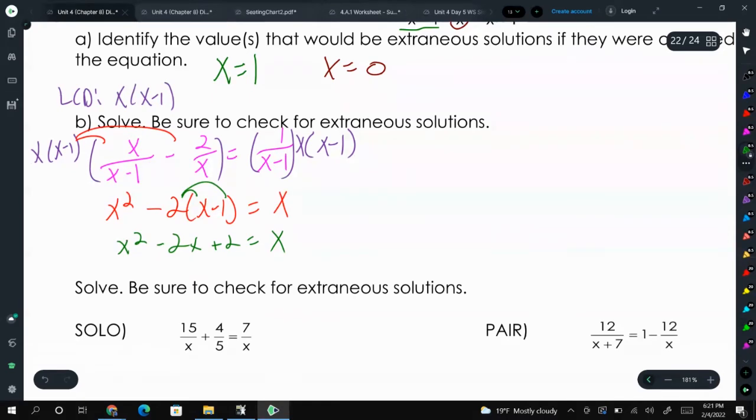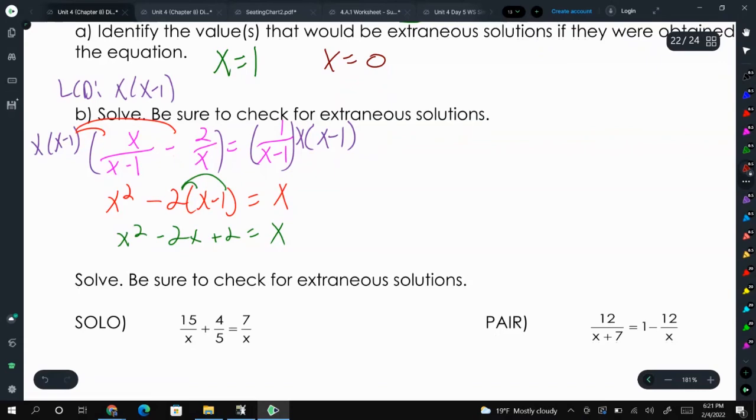Then we're going to combine like terms, subtracting x from both sides. So then we're going to get x squared minus 3x plus 2 equals 0. And then it's going to factor to x minus 2 times x minus 1 equals 0.